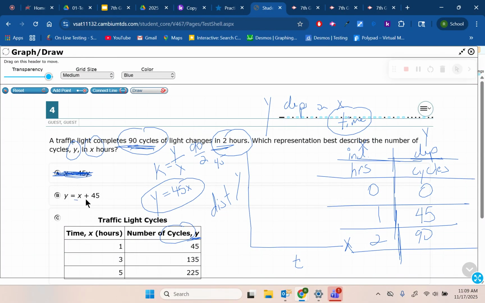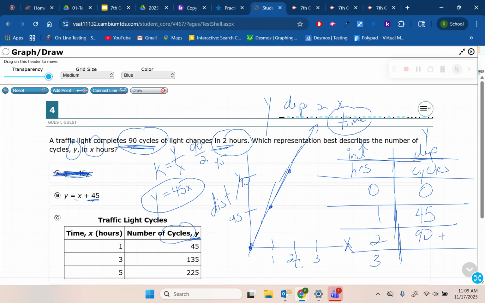So we're going to an equation, which is not this one because it says x equals, and it's not this one because this says plus 45. And if I graph it, at 0, 0, I start here. At 1, I get 45. At 2, I plot 90. And I got that direct variation thing going on right there. At 3, what am I plotting?